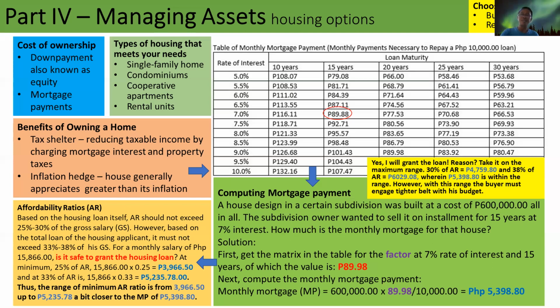And then the subdivision owner wanted to sell it on installment as a real estate loan for 15 years at 7% interest. Ang tanong, how much is the monthly mortgage for that house? So look at 7% at 15 years. So when we intersect the matrix, the multiplier or the factor will be 89.98. Did you see, class?